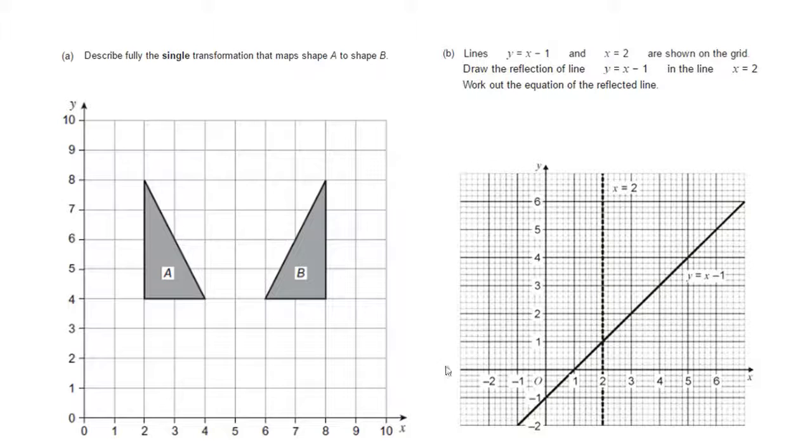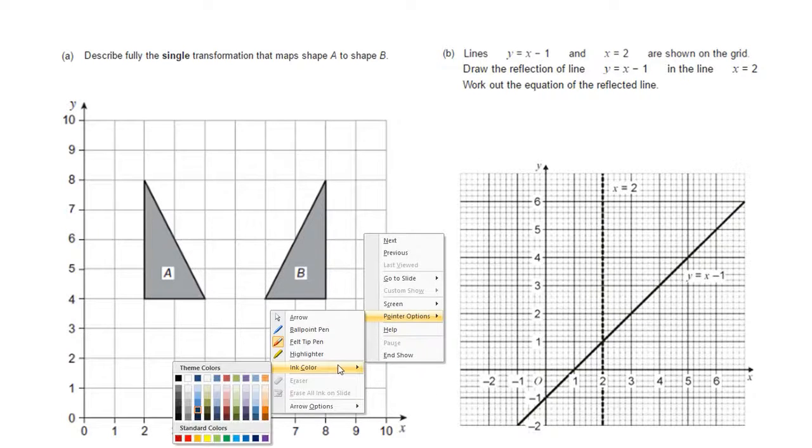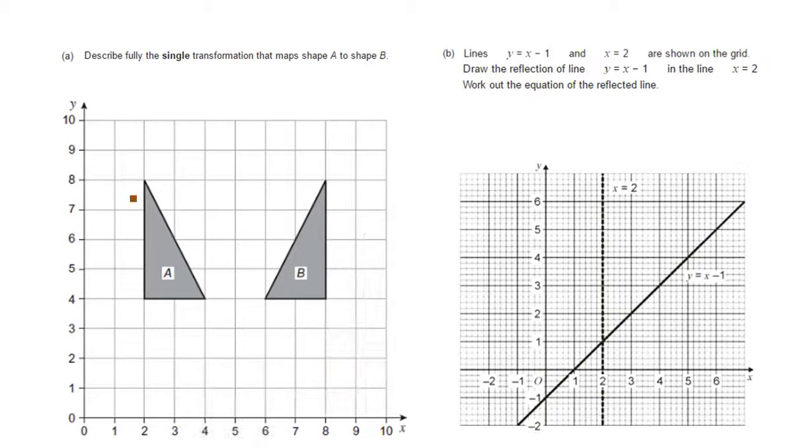So before we do anything, it's always a good idea to label up any shapes if they haven't already been labelled. So A, let's call this P, Q, R. Okay. And so now what we've got to do is label up the image. So the object is PQR. The image, we need to find the corresponding points.